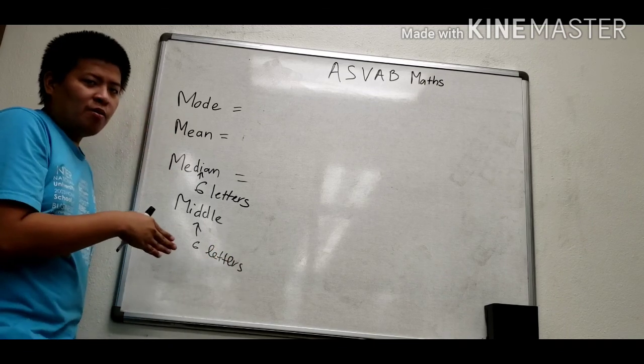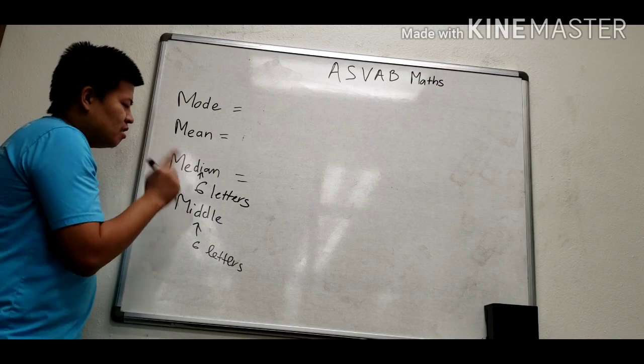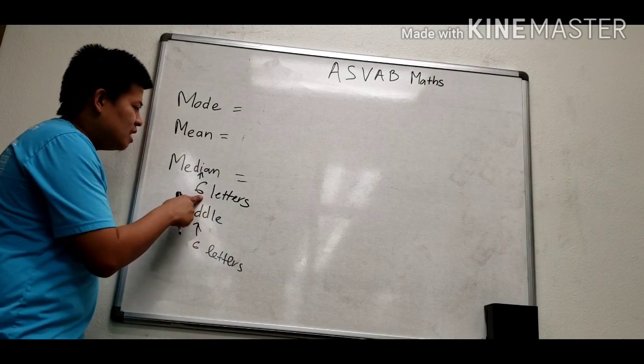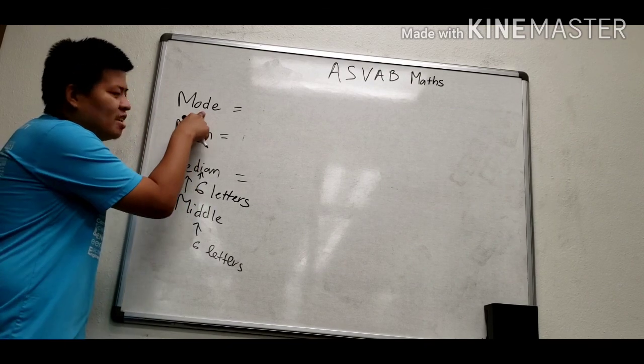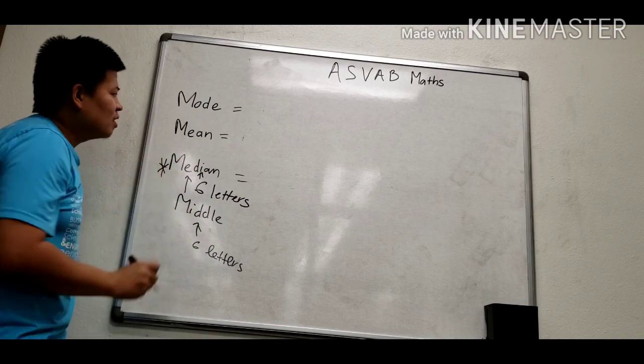So in case you don't know mode, mean and median, the word median has something in the middle, with 6 letters on each side, so the median should be the middle number.